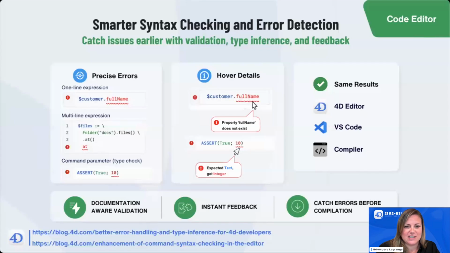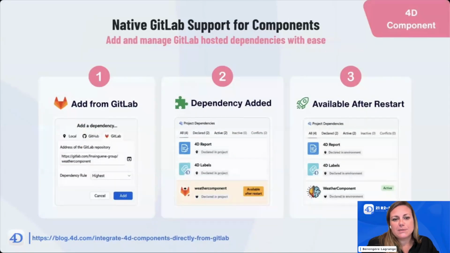Now, if your team uses GitLab, managing reusable components just became much easier. With 4D 21 R3, you can add components directly from GitLab repositories, whether they're hosted on gitlab.com or your own private GitLab server. The experience is very similar to GitHub integration.